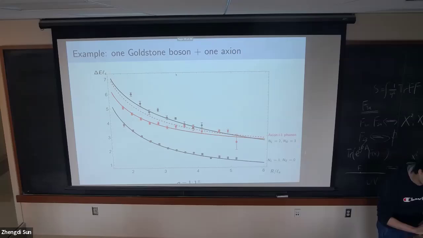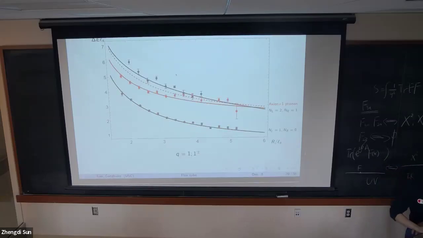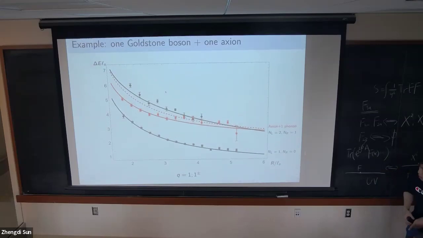Another example here, also a kind of trivial one, is that we look at the axion at rest and another Goldstone boson shooting at it. So this is in the sector where we have one quantum of longitudinal momentum and also spin 1 given by the phonon.